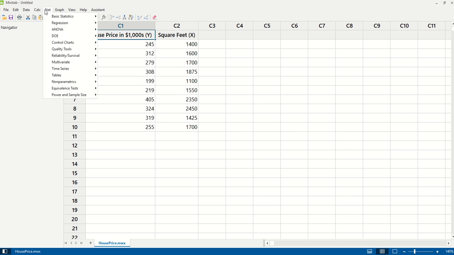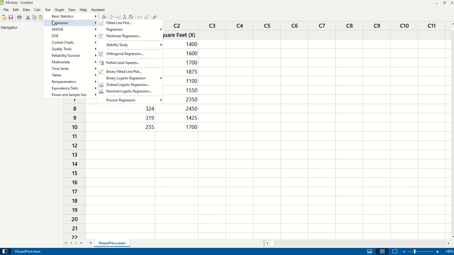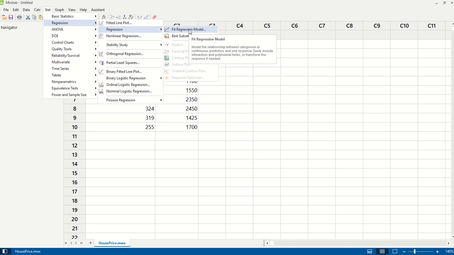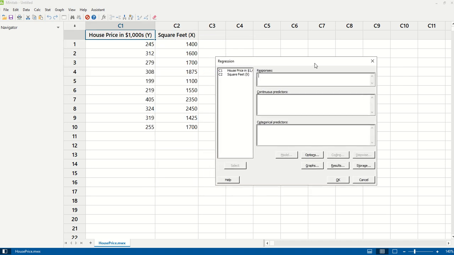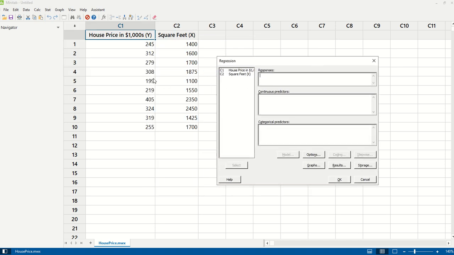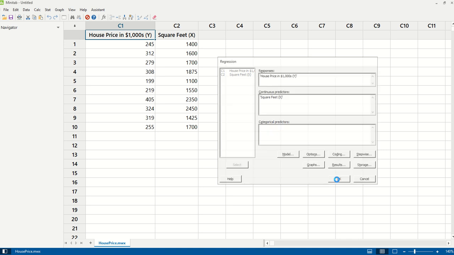We go to Stat, Regression, Fit Regression Model. Response is the house price, continuous predictors, square feet. We use the default setting, click OK.